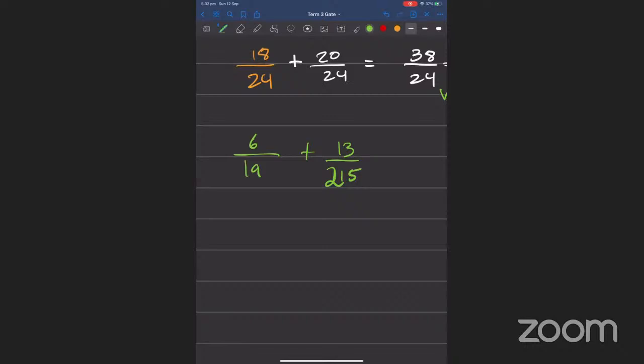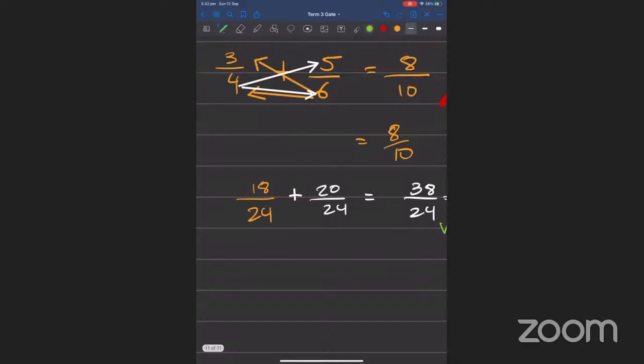If I have to multiply 215 by 6 and then 215 by 19, it's very hard. It will take you way too long. So what you should do is this thing called LCM, lowest common multiple.